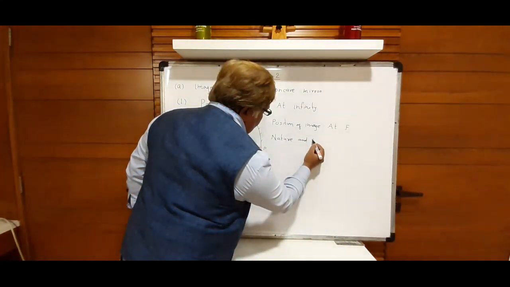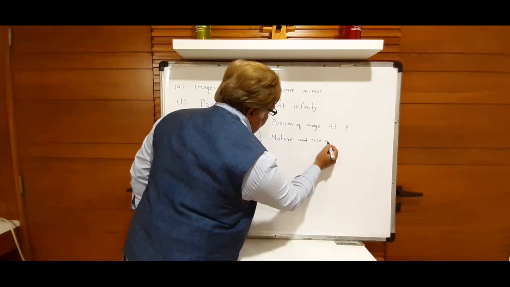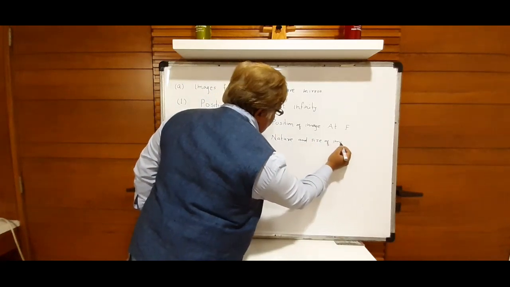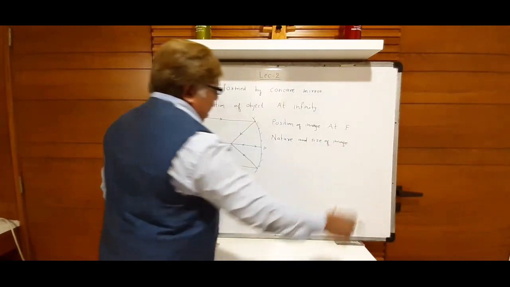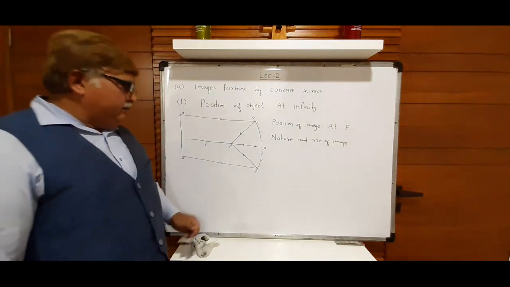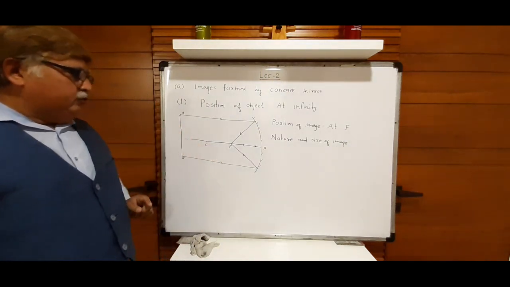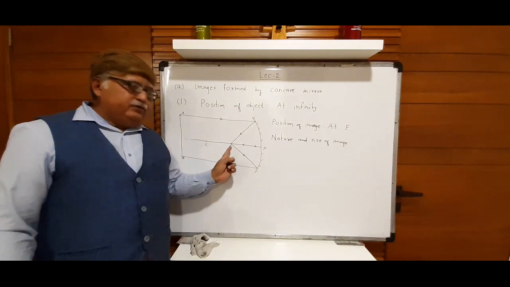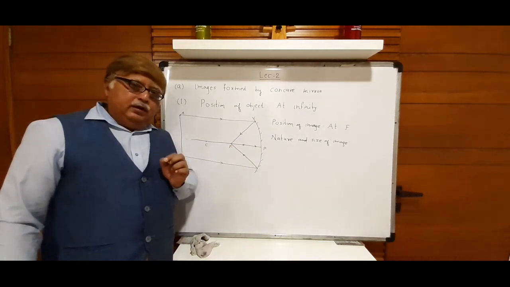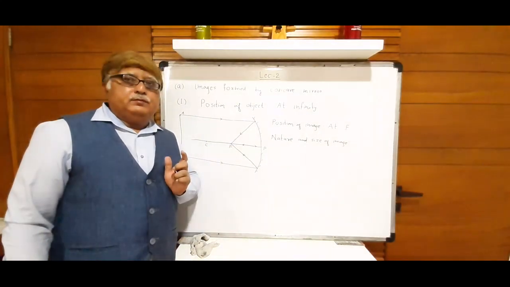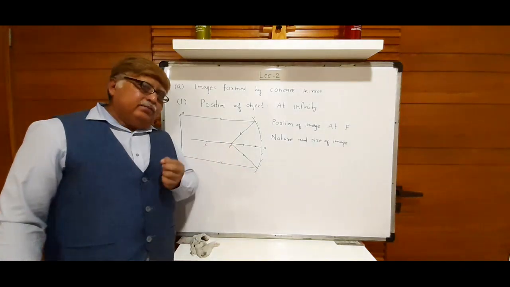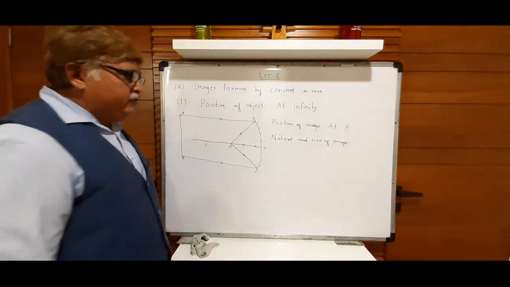nature and size of image. Here it looks like that object was quite bigger at an infinite distance, but the image formed exactly at focus. It must be a point like diminished image.